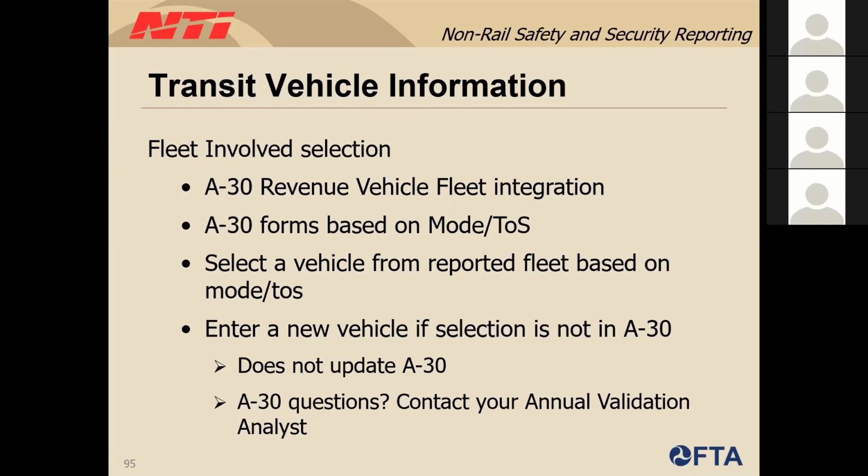Please check the A30 to ensure your vehicle is in the fleet. If you're operating a new manufacturer that is not in the A30, you'll have an option to enter the vehicle into the form. However, adding a vehicle to the collision form does not update the A30 form itself. If you have questions about an A30, please contact the person at your agency who completes the form.